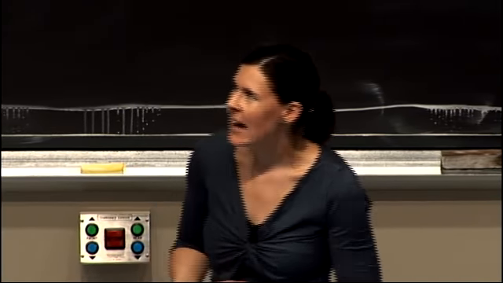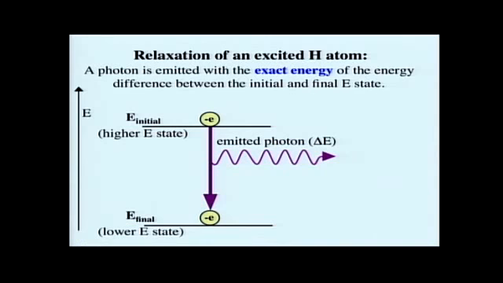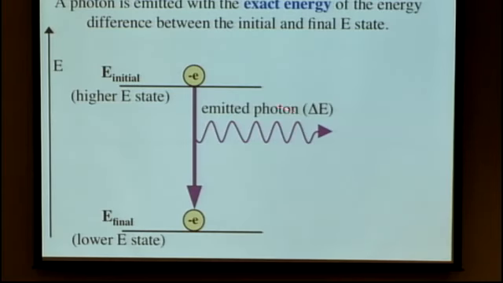Just to visualize exactly what we're saying, when we have an energy in a higher energy level, so let's say this initial level high up here, and it drops down to a lower final level, what we find is that the photon that is going to be emitted is going to be emitted with the exact energy. And the important term here is the exact.